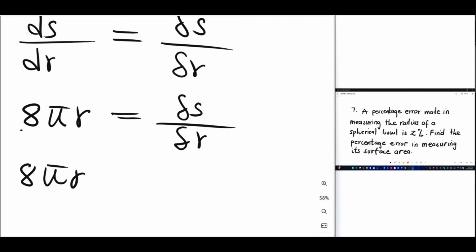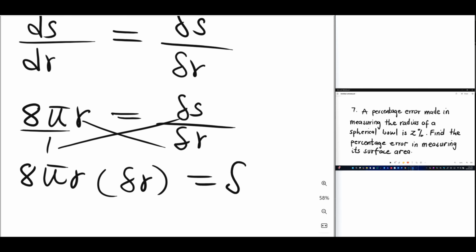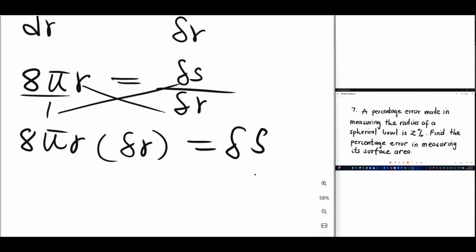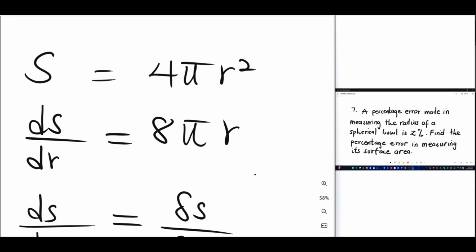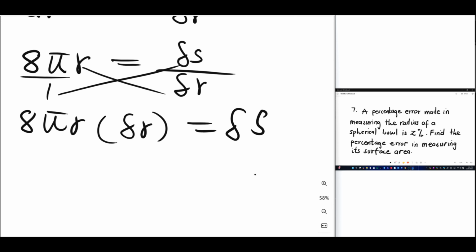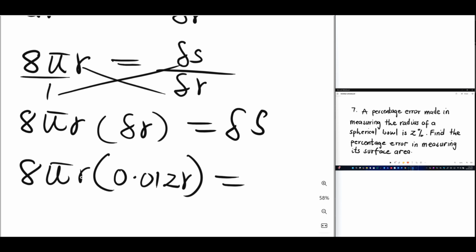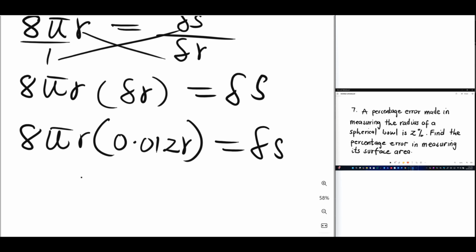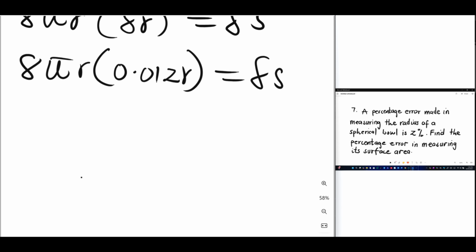So we get 8 pi r multiplied by the small change in r equal to the small change in S. Substituting the small change in r, which is 0.01 ZR, all equal to the small change in S.